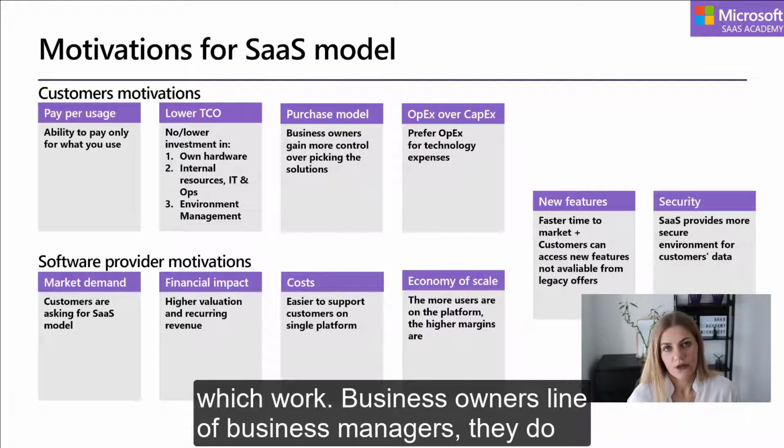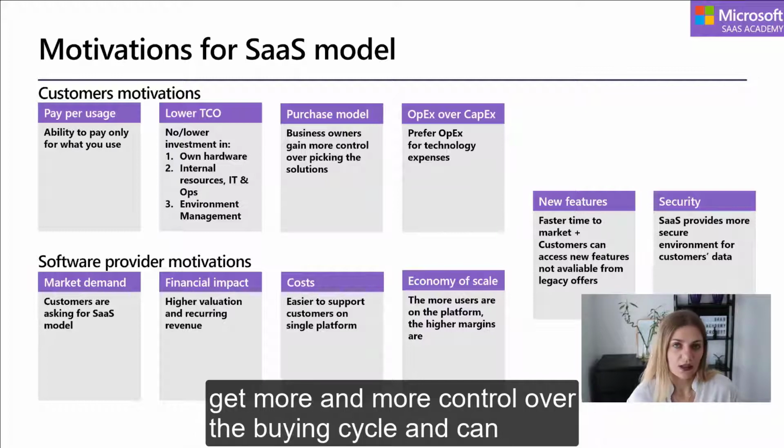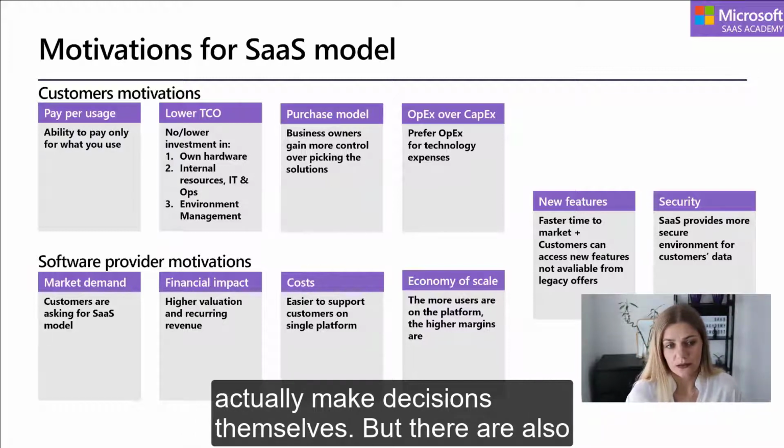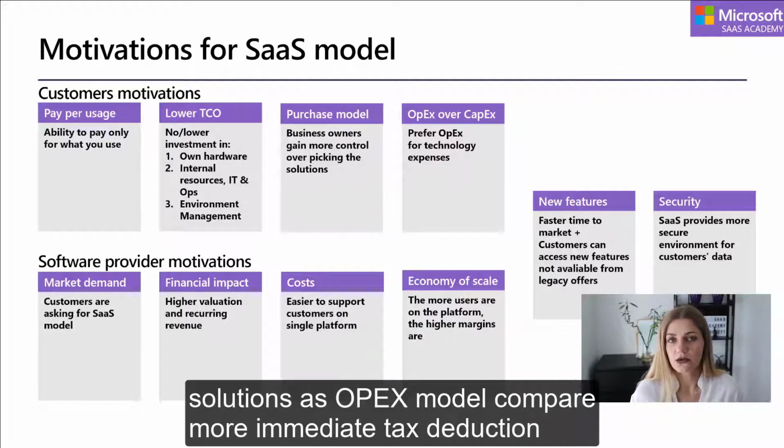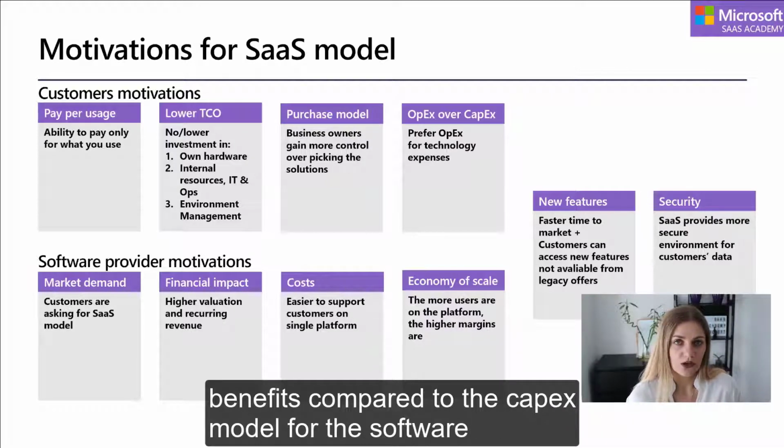Business owners, line of business managers, get more and more control over the buying cycle and can make decisions themselves. But there are also financial and tax reasons why customers prefer to purchase SaaS solutions, as the OPEX model offers more immediate tax deduction benefits compared to the CAPEX model.